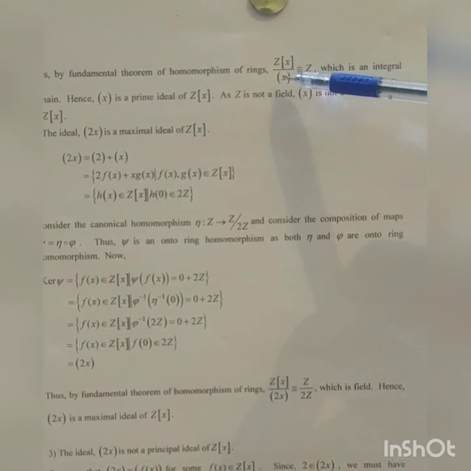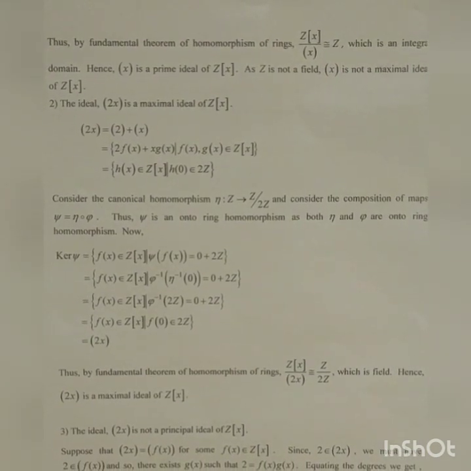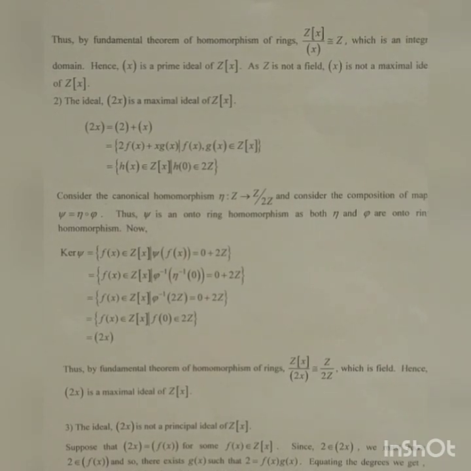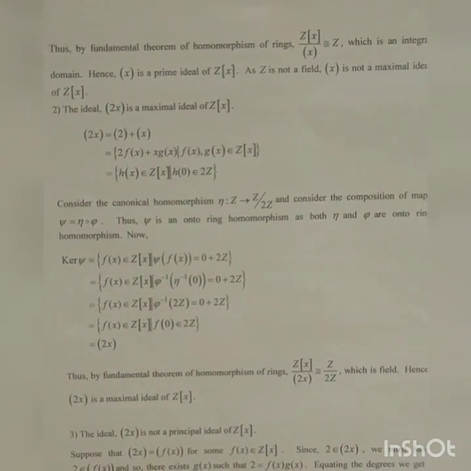Hence, the ideal generated by X is a prime ideal of Z[X]. Further, there is a result which says that if M is a maximal ideal of R, then R/M is a field. Because of that result, since Z is not a field, the principal ideal (X) is not a maximal ideal of Z[X]. Now let's move on to another example.